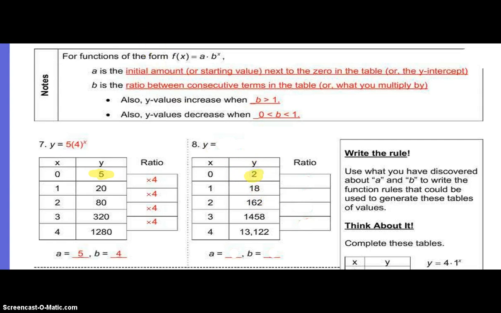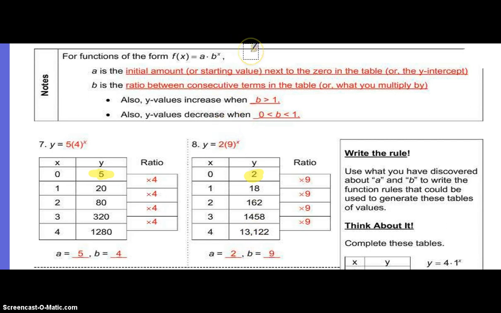So that means I know that 2 is going to be my what? Correct. 2 is going to be my A. Now, how do I go from 2 to 18? That's correct. I would multiply by 9, and I would keep multiplying by 9, which makes my B value a 9. So how would I write that equation? I would write it as 2 times 9 to the x power.